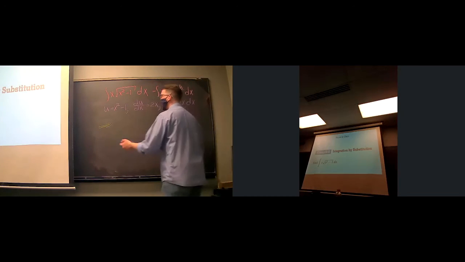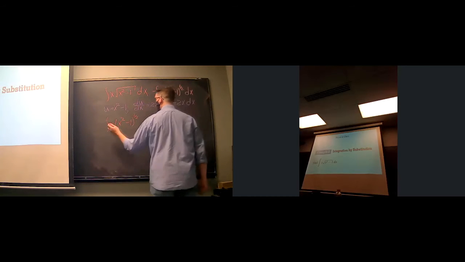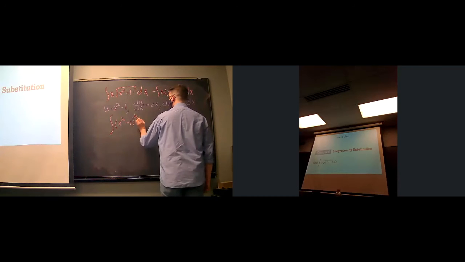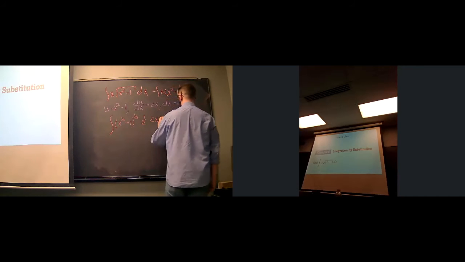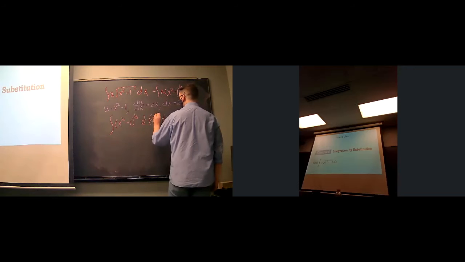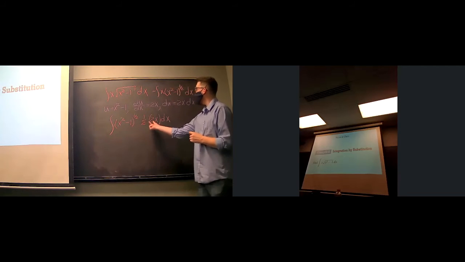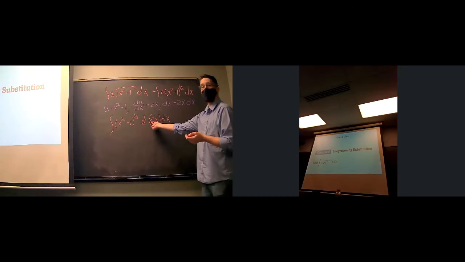So what I mean to say is we can rewrite this thing, move this x over so that it looks like this. This 1/2 and this 2 is going to cancel, it'll be 1, right?